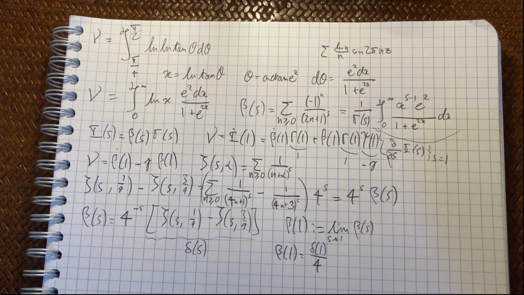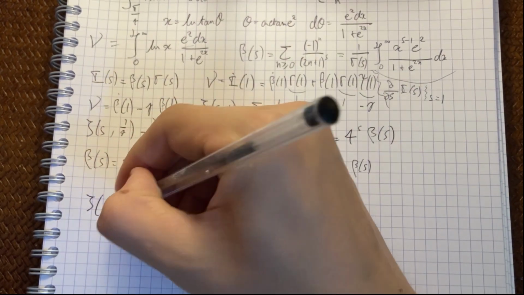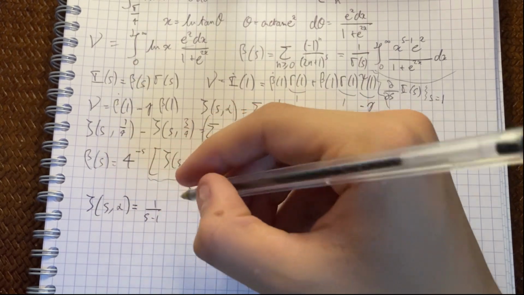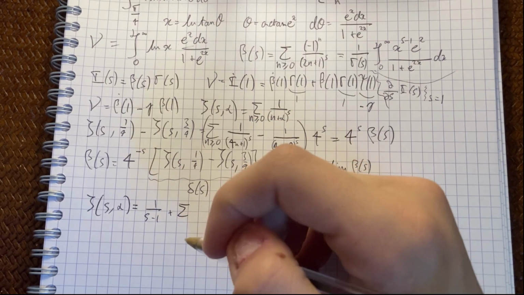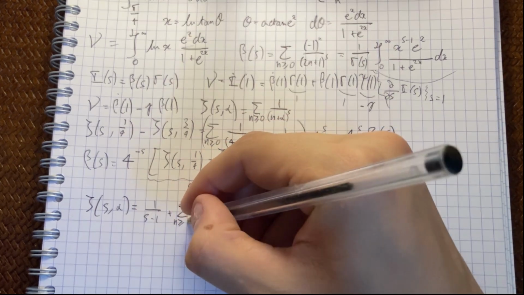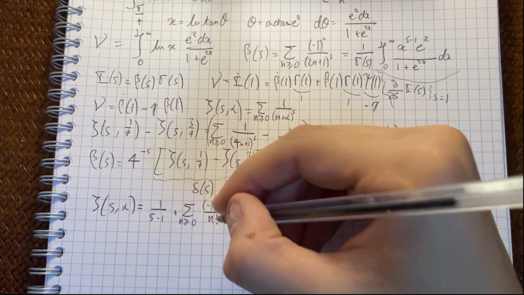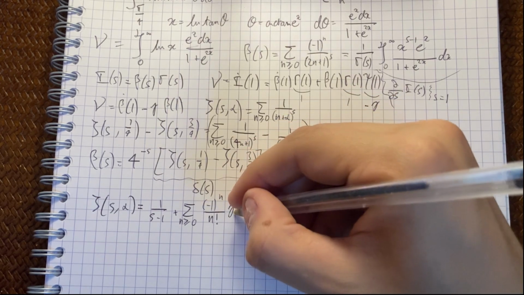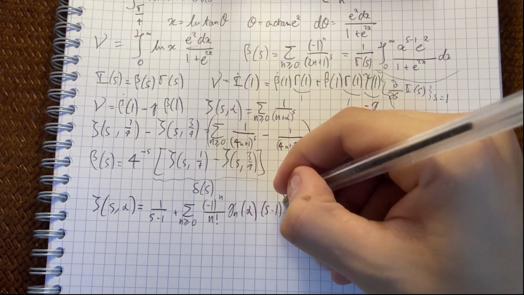And now what? Now we use the series expansion of the zeta function, and this series expansion is zeta of s, alpha equals 1 by s minus 1 plus the series, well, it's a Laurent series, not a Taylor series, but anyway, it's the series for n starting at 0 of negative 1 to the nth power divided by n factorial, gamma n of alpha times s minus 1 to the nth power.